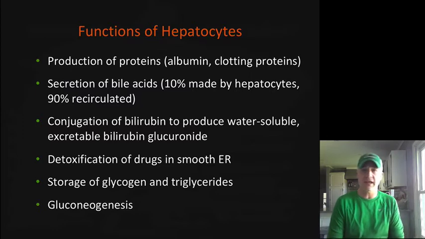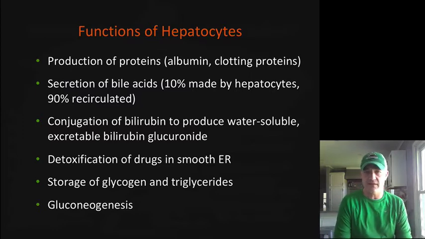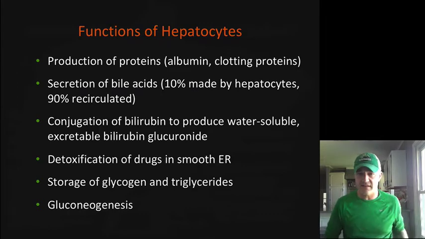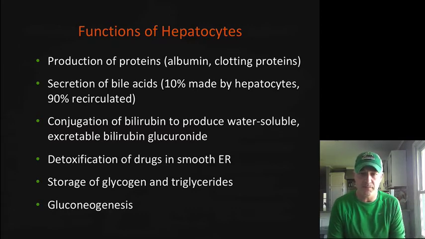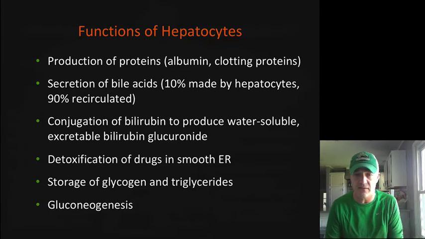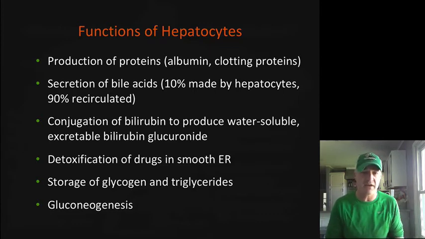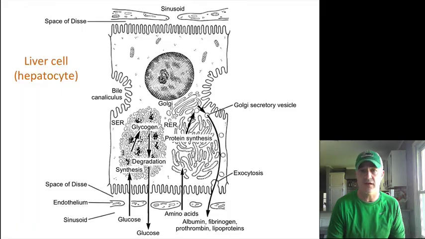Again, what these are doing is making a lot of the blood proteins that we're going to need. They secrete some of the acids that are part of that bile, actually also helping recover quite a bit of that. They're taking the bilirubin, which is part of the breakdown of hemoglobin, and breaking that down, as well as detoxifying drugs, storing glycogen, storing fat, and being involved in the process of making glucose from other substances called gluconeogenesis.